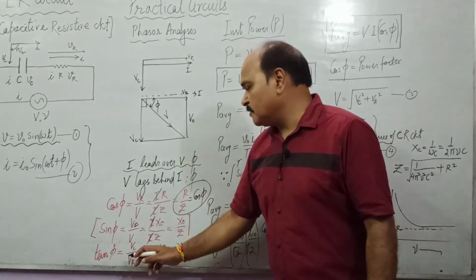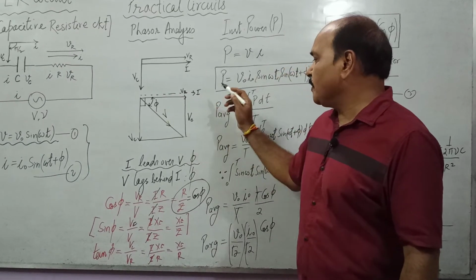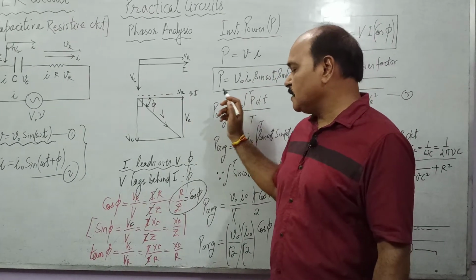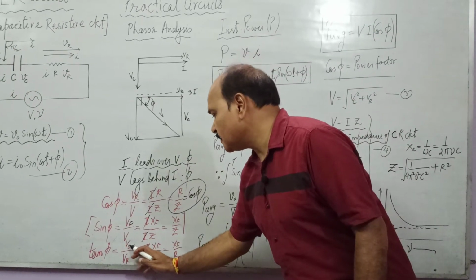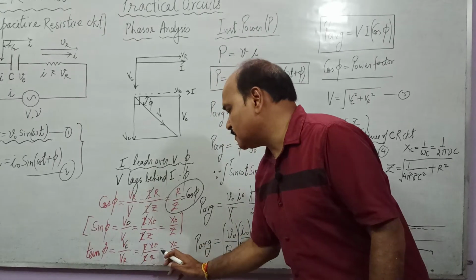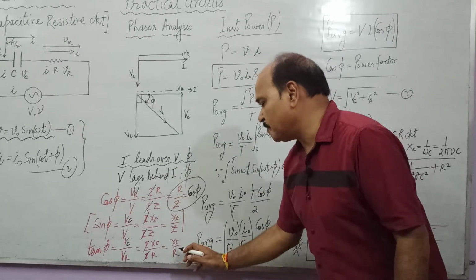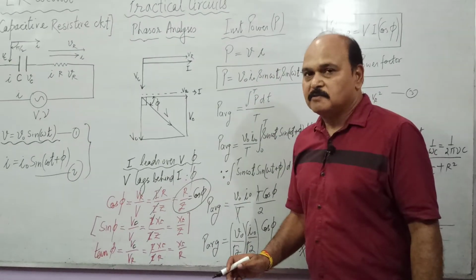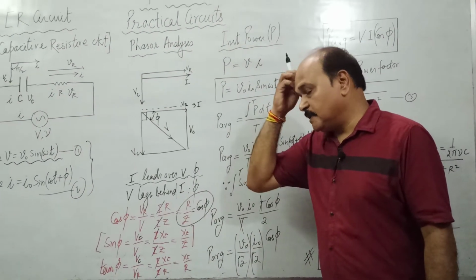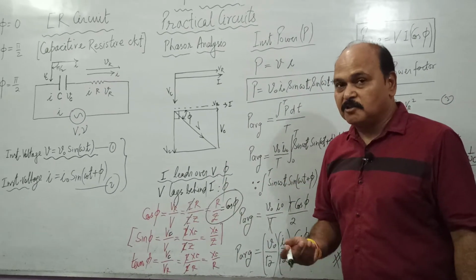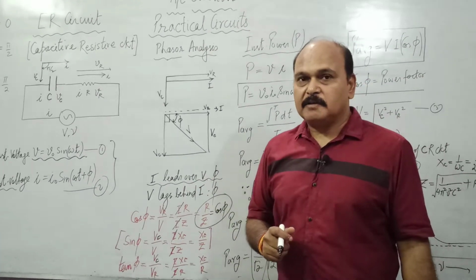Tangent of phi is perpendicular upon base. Perpendicular is VC, base is VR. So VC upon VR, VC is I into XC, VR is I into R, this I cancels out, and we get XC upon R. This is tangent of phi. So we must know the values of these trigonometrical ratios, because at times in the numericals these ratios are given.